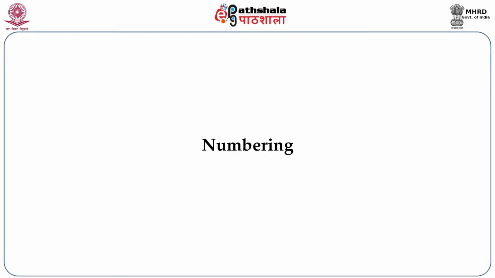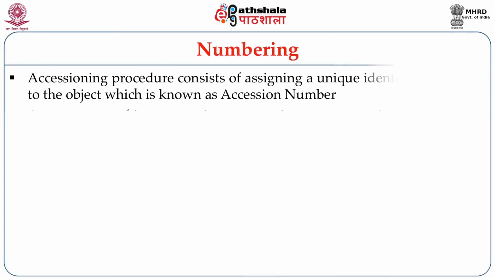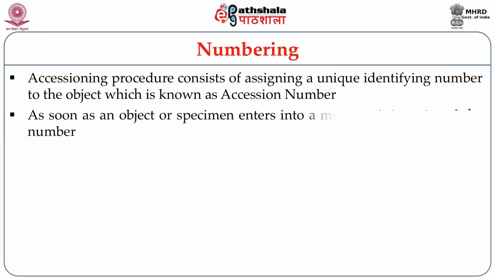The most vital part of the accessioning process is numbering. The accessioning procedure consists of assigning a unique identifying number to the object, which is also known as the accession number. As soon as an object or specimen enters a museum, it is assigned the number.